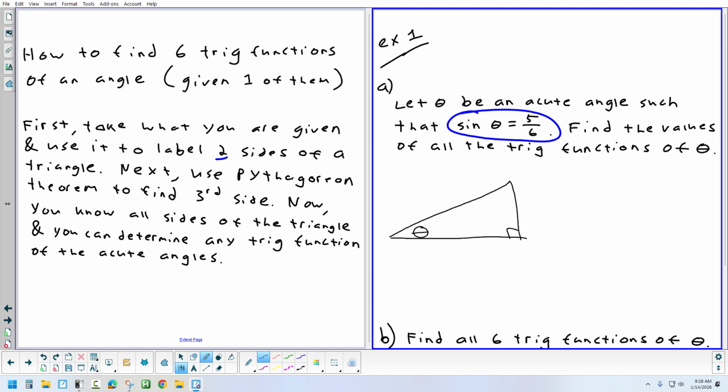Okay, so where would the 5 go? On the right side, which is opposite. And how about the 6? Where the hypotenuse is. So we've got to find, you can call it x temporarily, call it a, b, whatever you want to call it. But now we have to find x.